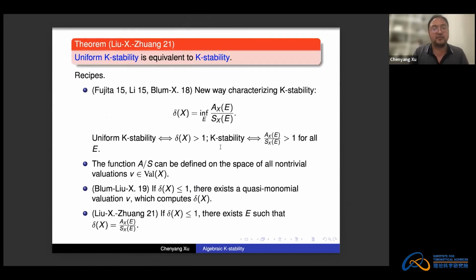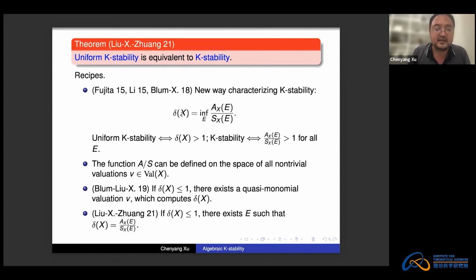What we really need is a polystable version of this, but let me just explain the K-stability version. We prove that uniform K-stability is equivalent to K-stability. So far, I haven't defined anything, but what I want to say is that there is a different way of characterizing K-stability using divisorial valuations.